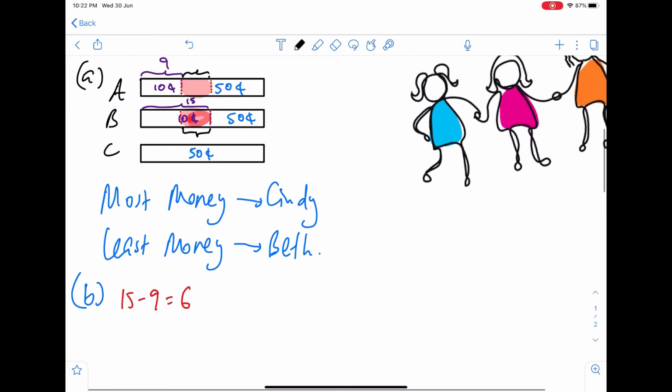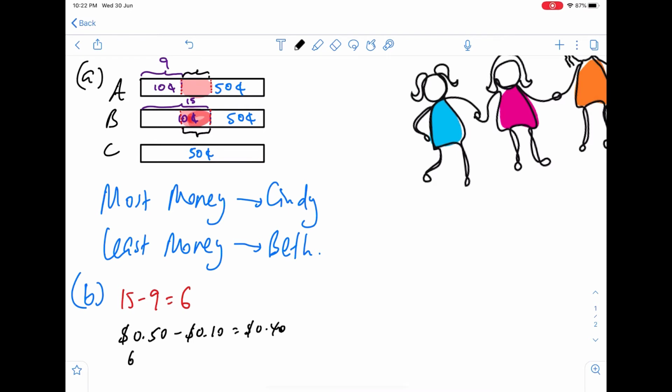So what I can do is to find the difference in each of these 6 coins, which is 50 cents minus 10 cents, 40 cents, and I have 6 of these coins. So 6 times 0.40, and I'll get an answer of $2.40 for the difference.